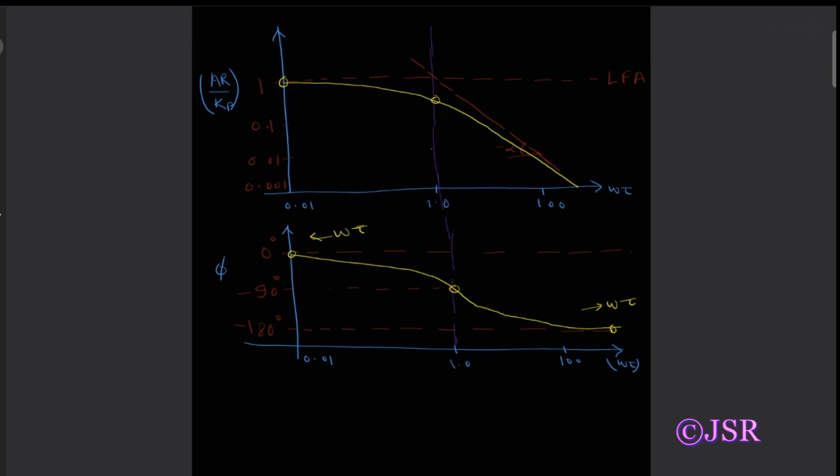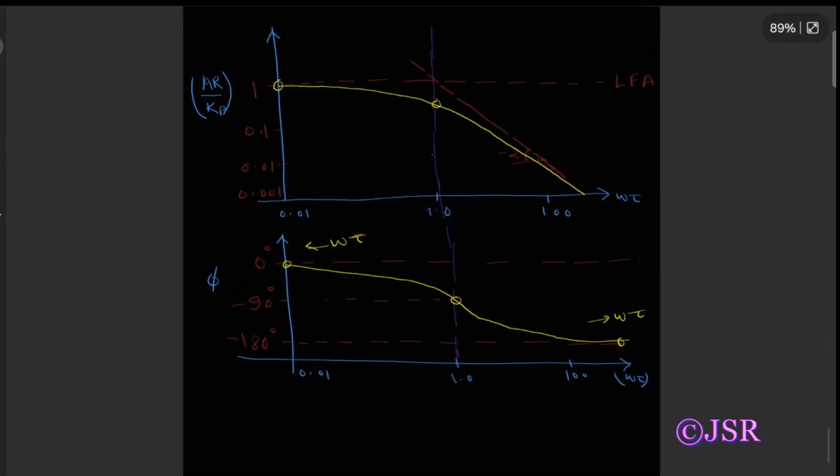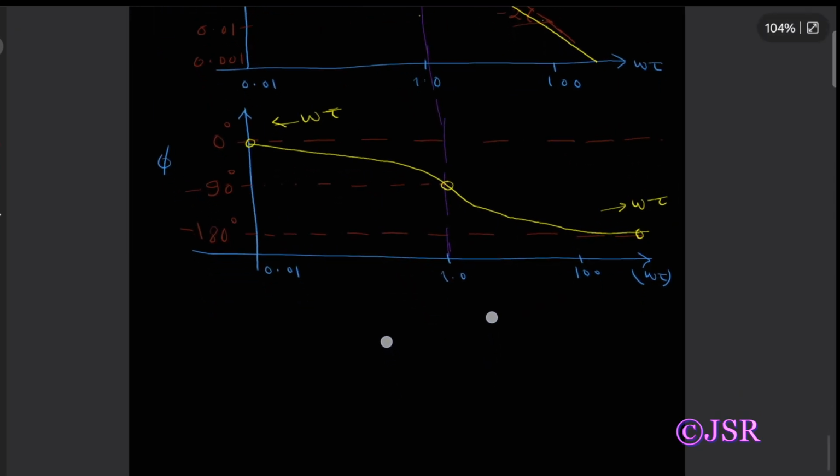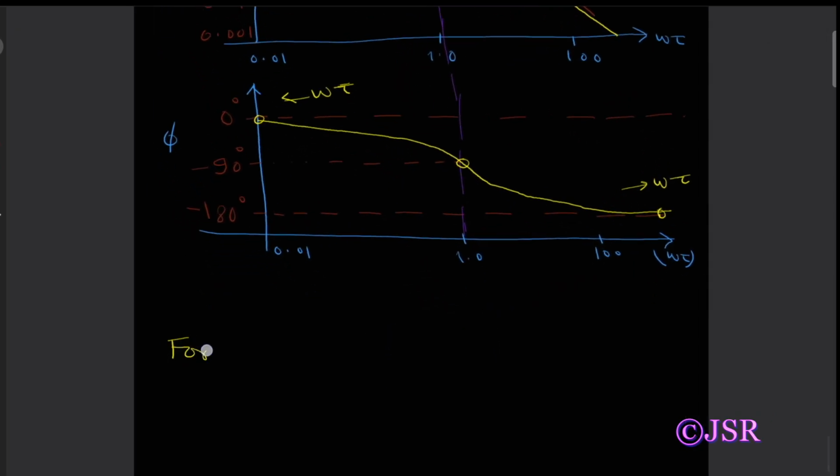For an underdamped system, zeta is less than 1.